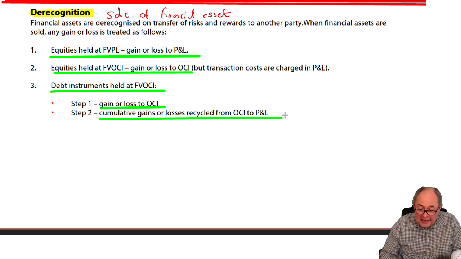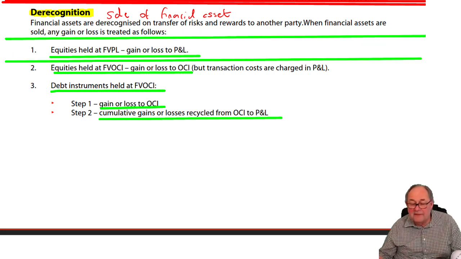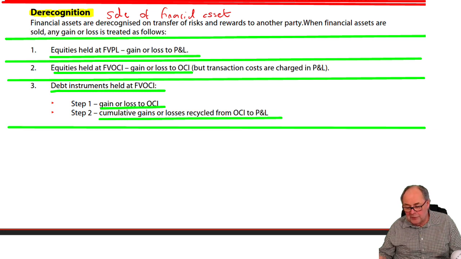Just so you're clear that, Rule 1 there is about equities, fair value through profit and loss. Rule 2, equities at fair value OCI. Rule 3, which is the one that looks really strange, is debt at fair value through OCI.